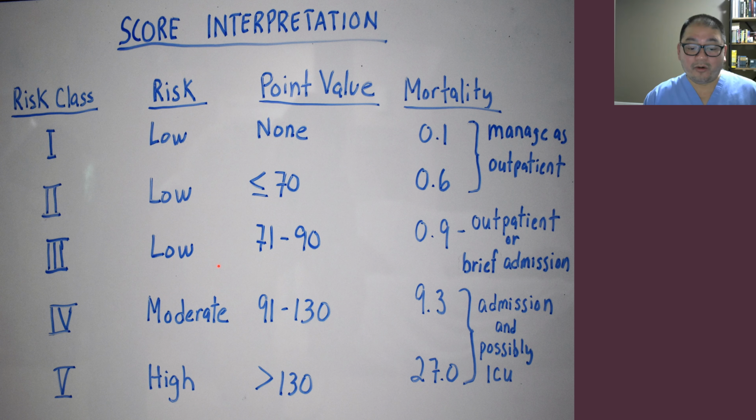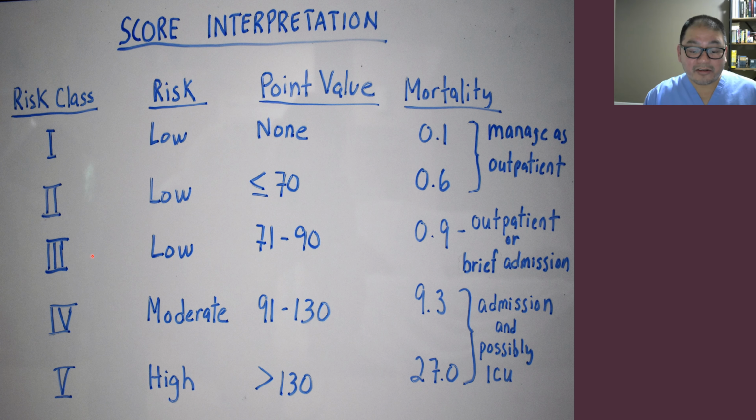Now, the low-risk patient is managed as an outpatient, and for risk class 3, they can be sent home or be briefly admitted in the hospital. However, if the patient presents with risk class 4 and 5, they definitely need to be admitted and in some cases need to stay in the ICU.